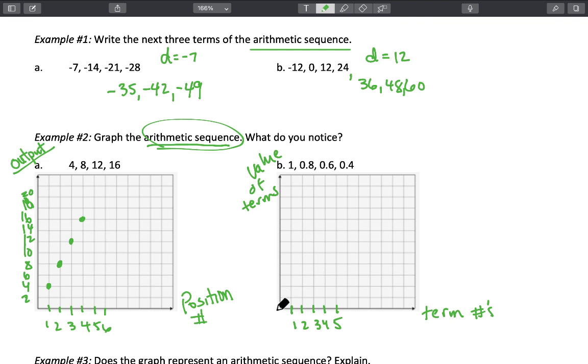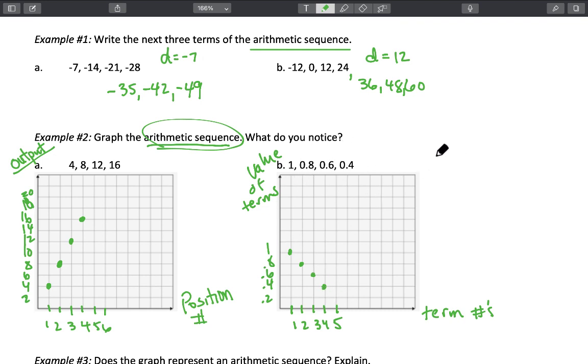Here it looks like you're going to go down. We'll go up by 0.2, 0.4, 0.6, 0.8, and 1. So here our first term is 1, our second term is 0.8, our third term is 0.6, fourth is 0.4, and you can probably guess that the fifth term would be 0.2. But again, we're done after we plot those.